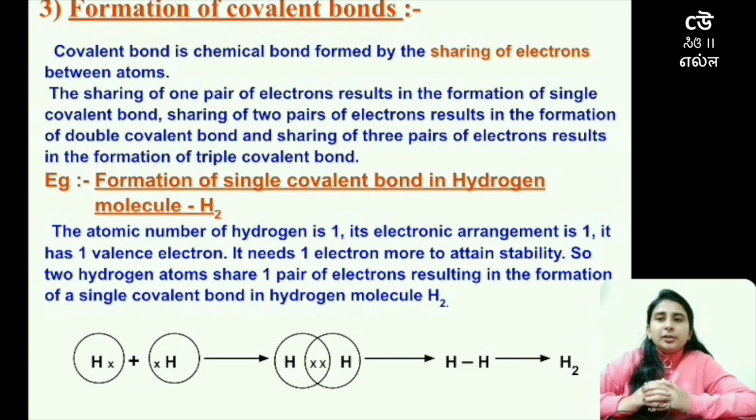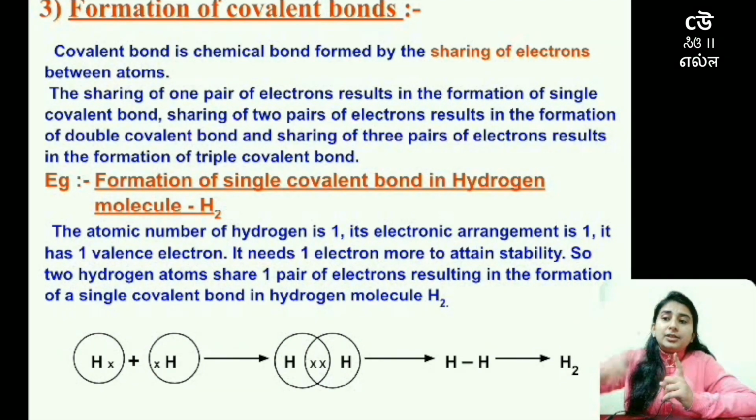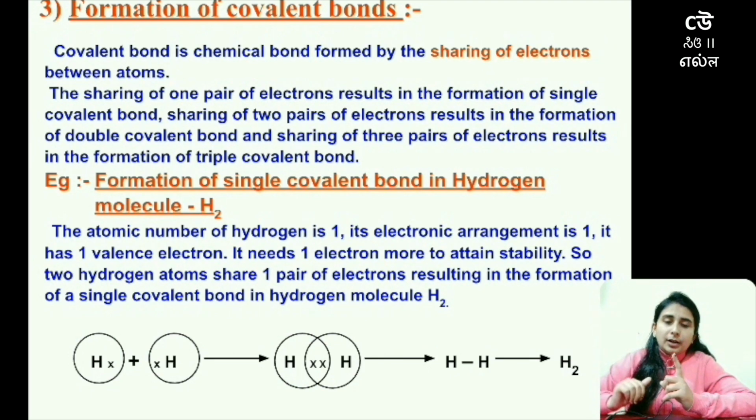Now let's talk about how formation of covalent bond happens in the carbon atom. So here they are saying the same thing. Sharing of electrons will occur, but there is one thing that we have to keep in mind. It's not like every single time only a single electron will be shared.